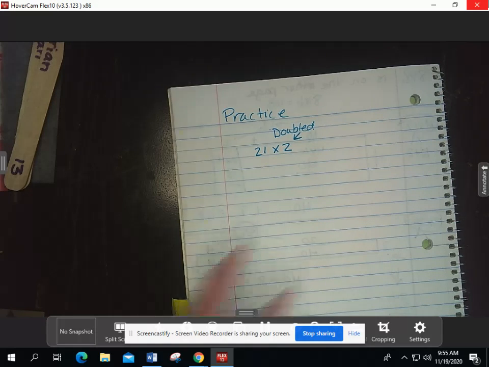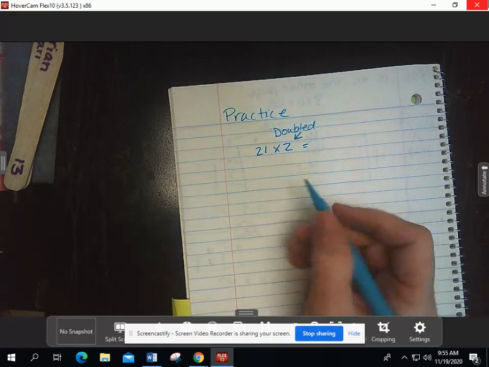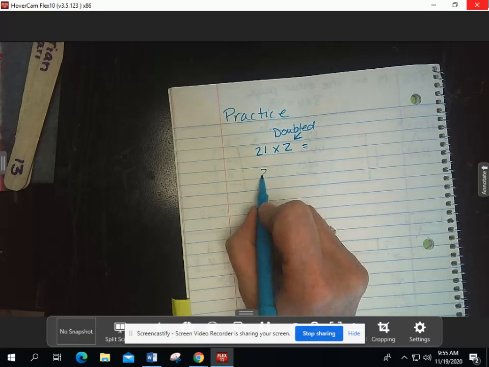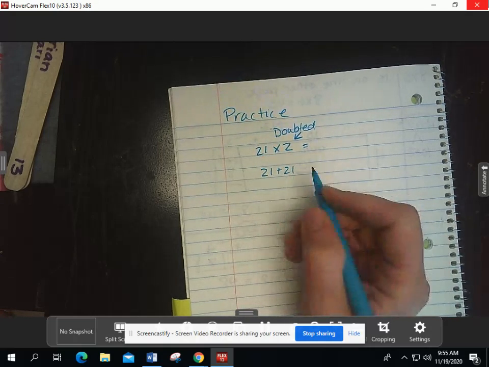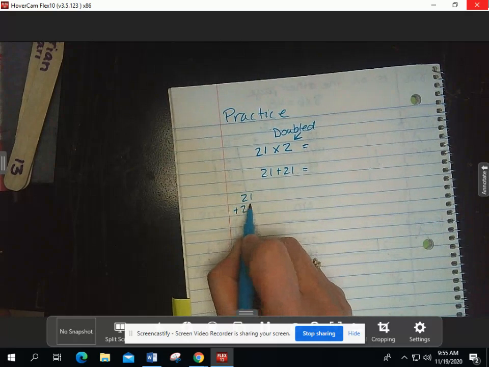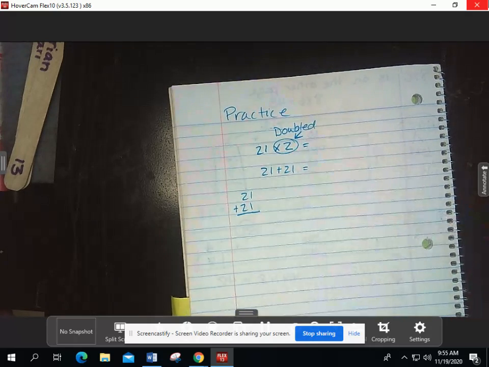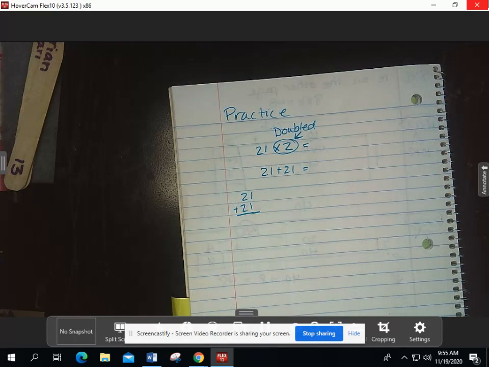So Millie, if it's an addition problem, how are we setting it up? 21 plus 21. Yes, 21 plus 21. If your brain doesn't like to see it that way, you can put it like this. Because we have two 21s. See, right here it says there's 2 of them. Times 2 means that there's 2 21s.